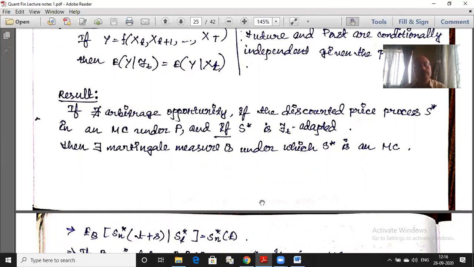So the discounted price process A star is a Markov chain. And if A star is F_t adapted, of course, A star must be only dependent on history up to time t, then there exists a martingale measure Q under which A star is a Markov chain.